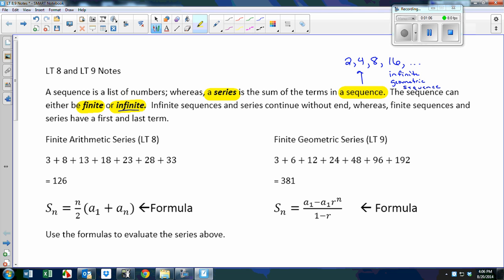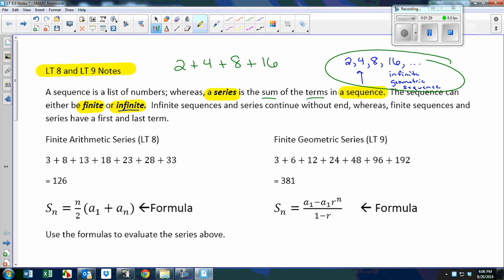Today, Learning Target 8 and Learning Target 9, we're going to be dealing with series. And a series is nothing more than a sum of the terms that are in a sequence. So I can turn that infinite geometric sequence into a series by saying 2 plus 4 plus 8 plus 16.